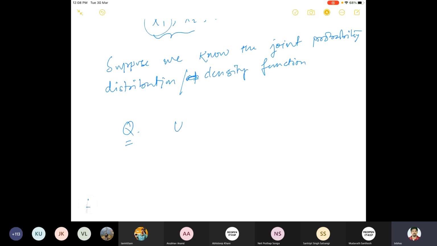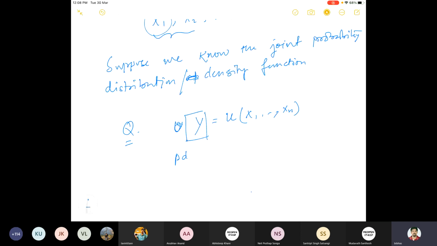We can define a new random variable y, which is a function of x1, x2, ..., xn, and then what will be the PDF or probability distribution function or the density function of y? So that's the question here. What is the PDF of y?